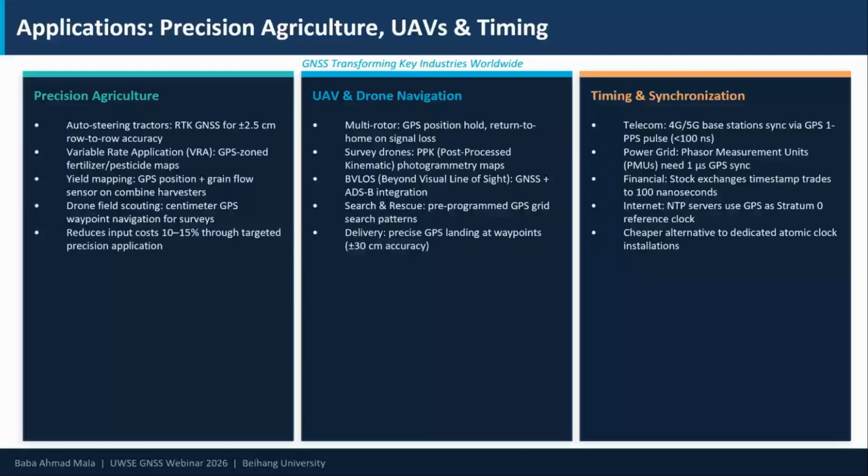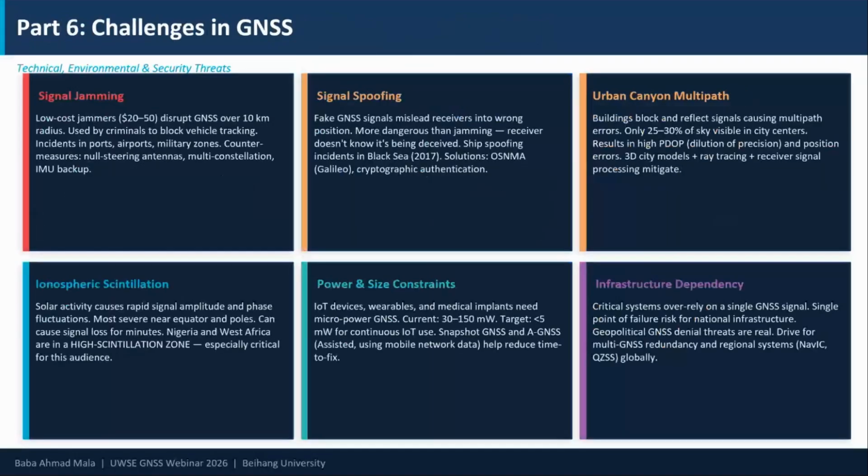The challenges in GNSS: jamming, signal jamming, the low-tech threat. With a $20 to $50 device, you could disrupt a UAV worth thousands of dollars.